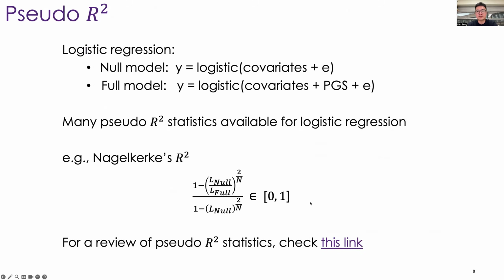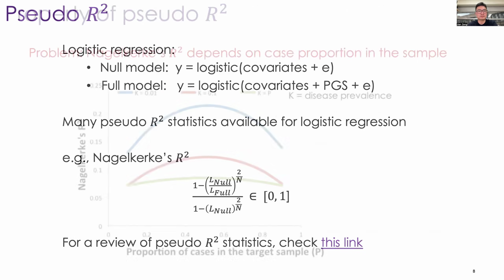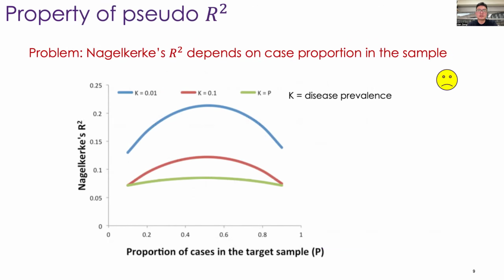However, these values do not have the same interpretation as the R-square from the linear model, and this leads to important problems. One of the major problems with pseudo R-squares is that they depend on the proportion of cases in the sample. As shown in this graph, different colors show diseases with different population prevalence.